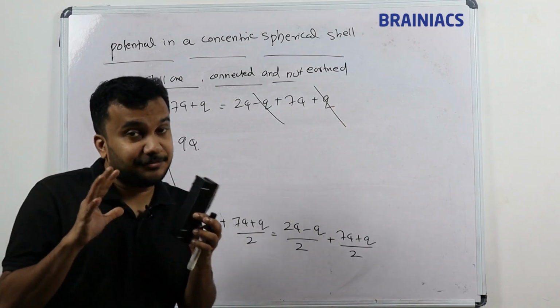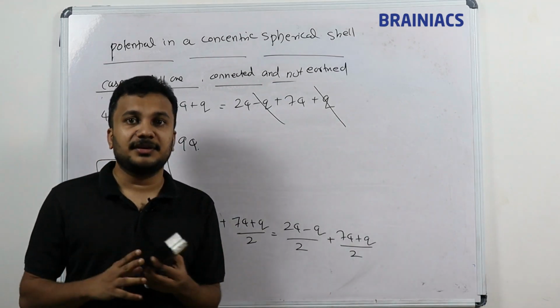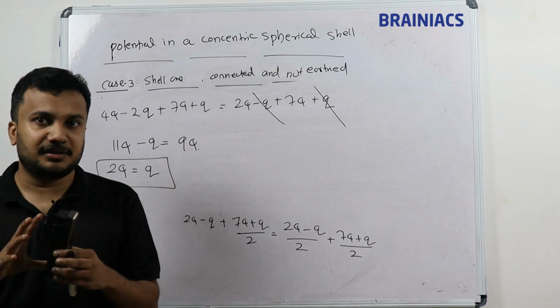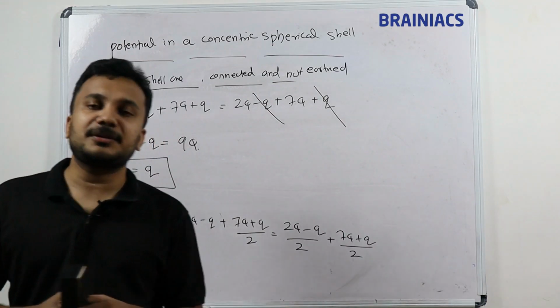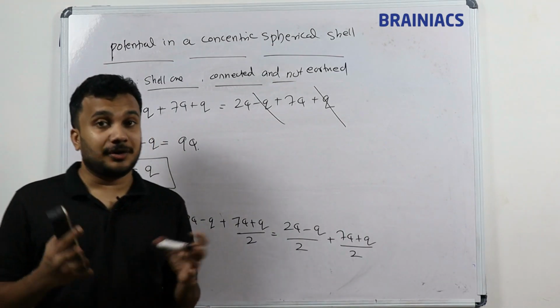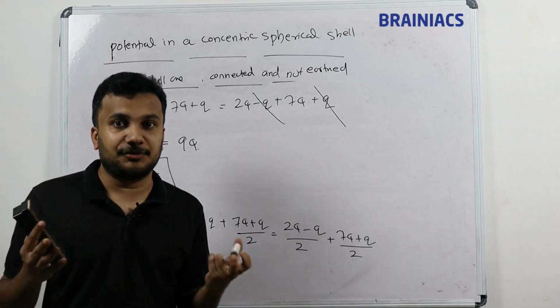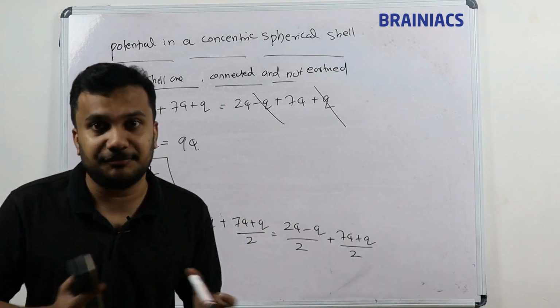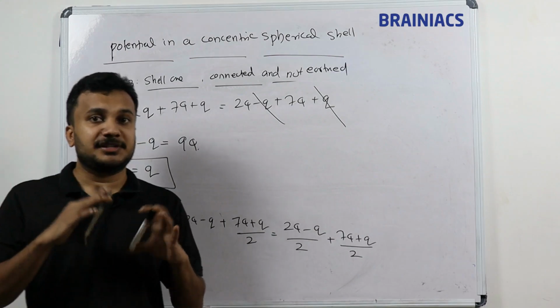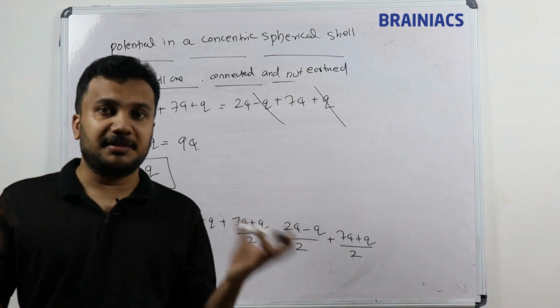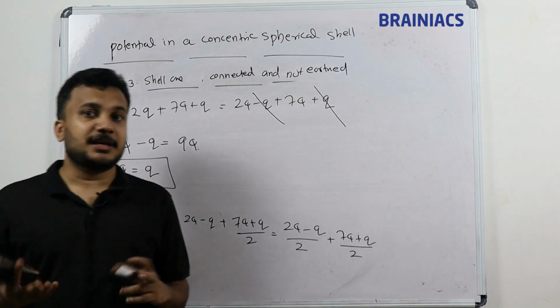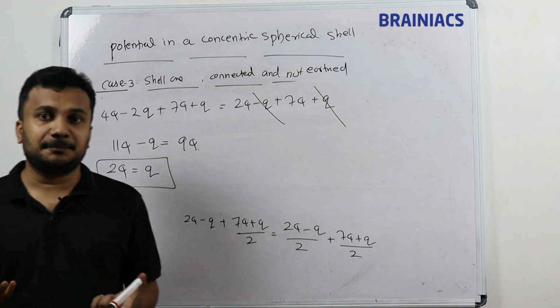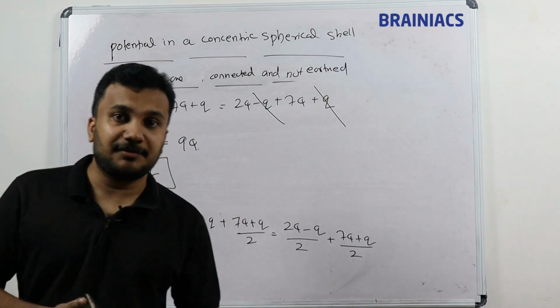So three different concepts we have learned on charges. When the spheres are not connected to each other, we have to find out the potential at each and every point of the sphere. If it is a 2-layered sphere or maybe 3-layered sphere, no problem. In some cases, like the second case, we have an earthing case.